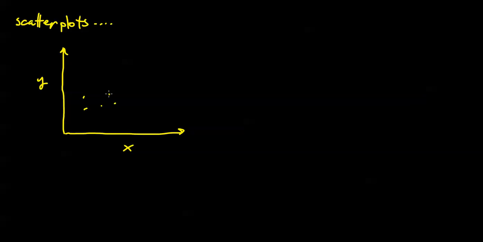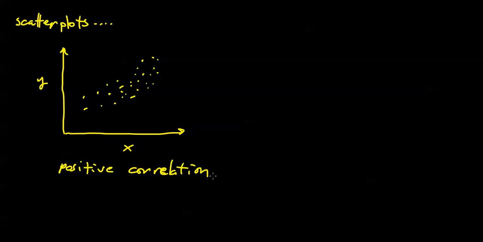If I get a scatter plot of data values that looks something like this, this suggests a strong positive correlation, meaning as one variable value goes up, the other tends to go up.